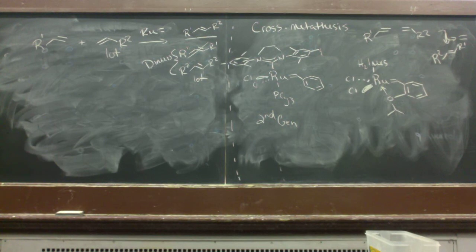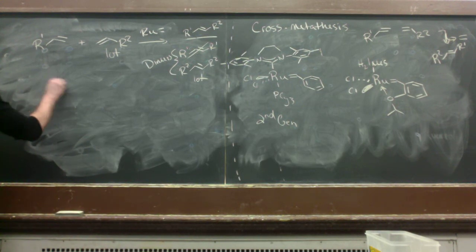But it turns out that the reactions are pretty selective if you have the appropriate electronics in these systems. And what I mean by that is if you have one alkene that is an electronically poor alkene, it will react really nicely with more electronically neutral alkenes.